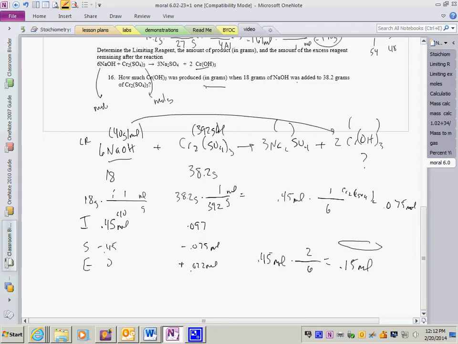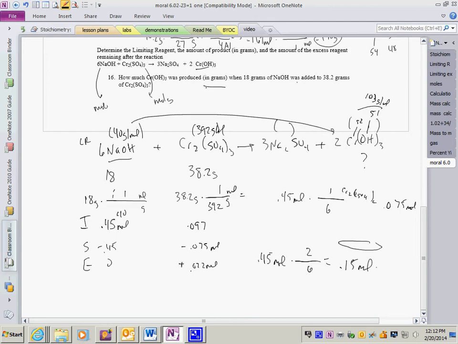So the hydroxide is 17. This one is 16, this one is 1, so 17. 17 times 3 equals 51. So this is 51. The chromium is 52, if I'm rounding, so that grand total is 103 grams per mole.